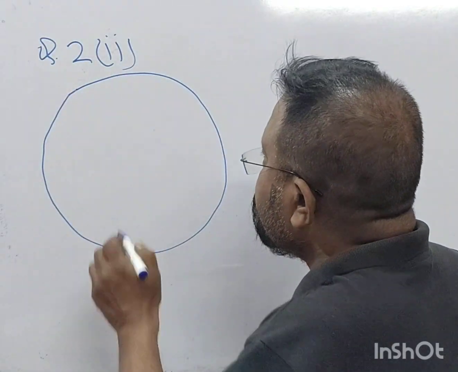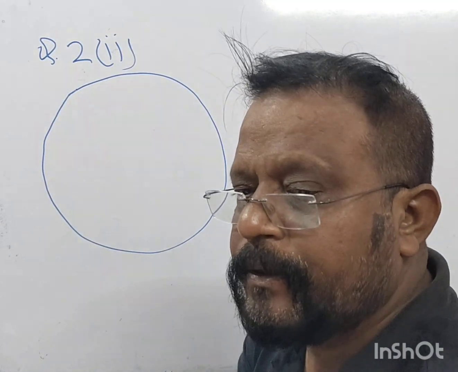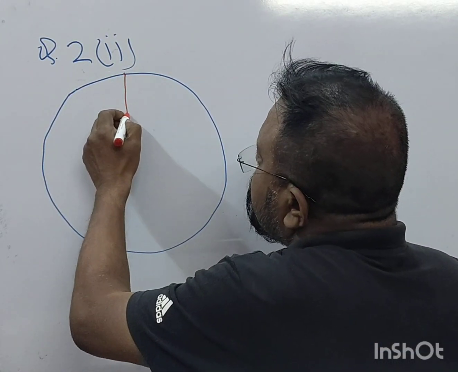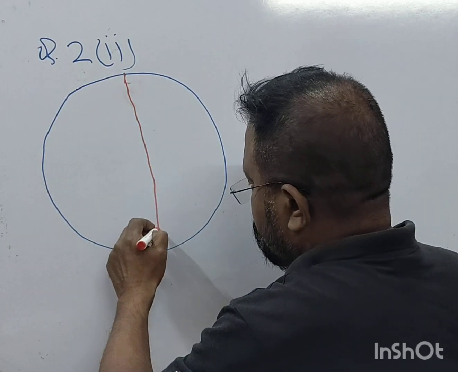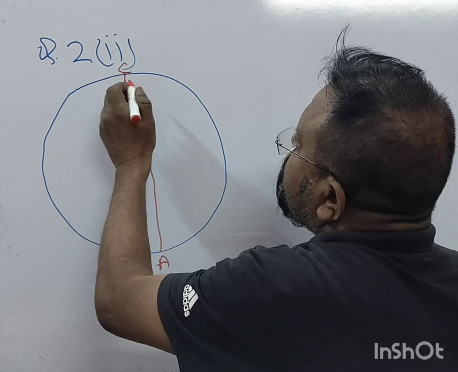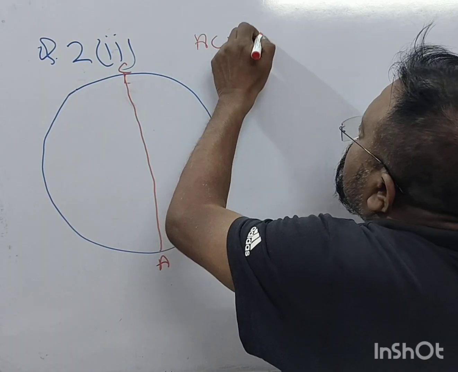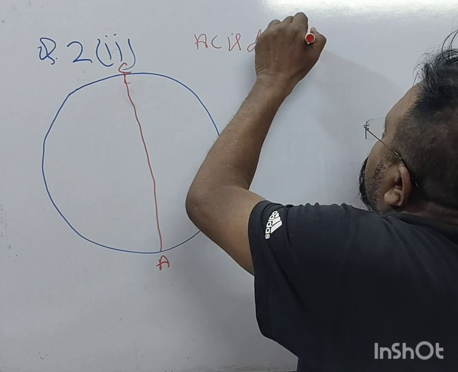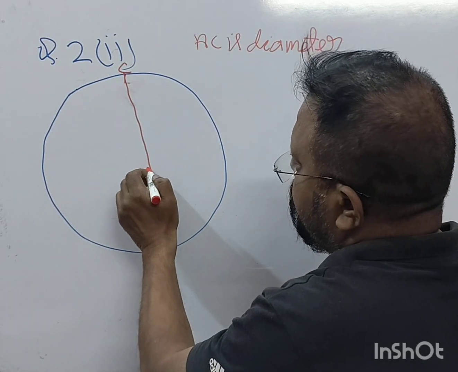So AC is the diameter, is it? AC is the diameter, right?